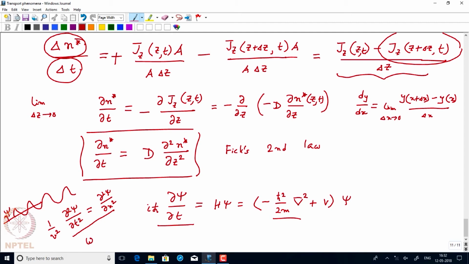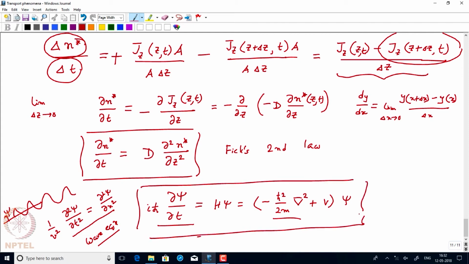So this is the wave equation. The Schrodinger equation, strictly speaking, although it is wave mechanics, because we talk about wave particle duality and particles also have wave nature, and the entire thing stemmed from that, mathematically it is closer to Fick's second law, where the first derivative in time connects to the second derivative in space.